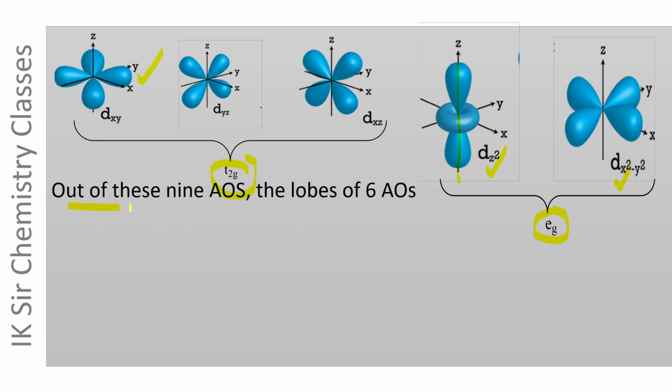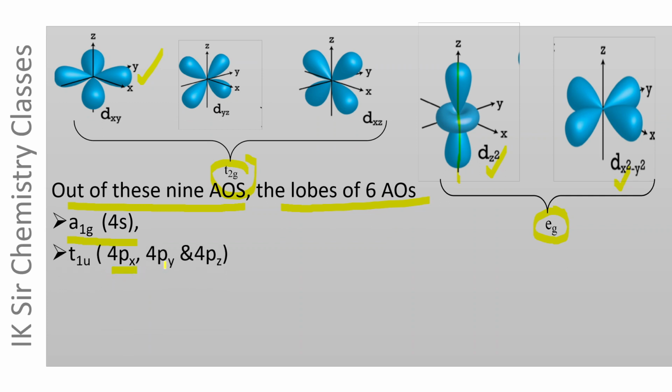out of these 9 atomic orbitals, the lobes of 6 atomic orbitals, 4s, that is A1g symmetry, 4px, 4py, and 4pz, that is T1u symmetry orbitals, and Eg, 3dz square and 3dx square minus y square.